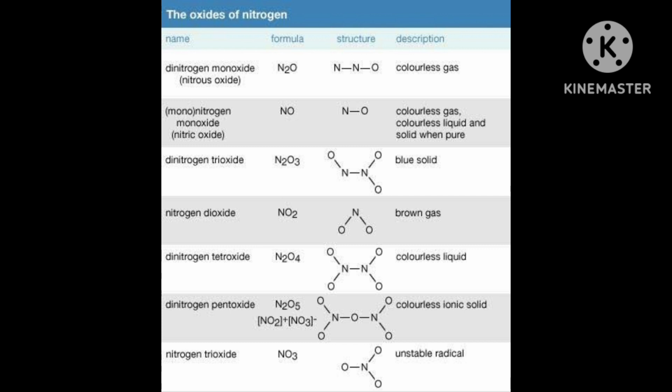Suppose a double bond is there, then 4 electrons will be counted for both nitrogen and oxygen. In a general way I am talking about this. Then total electrons should be 8 for both atoms.